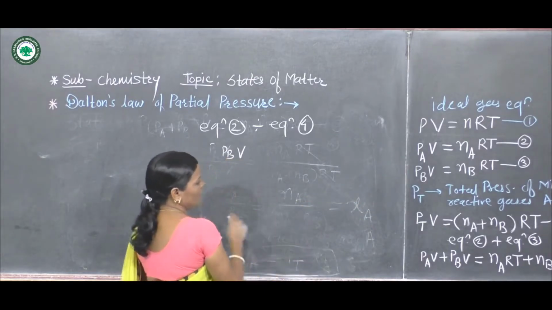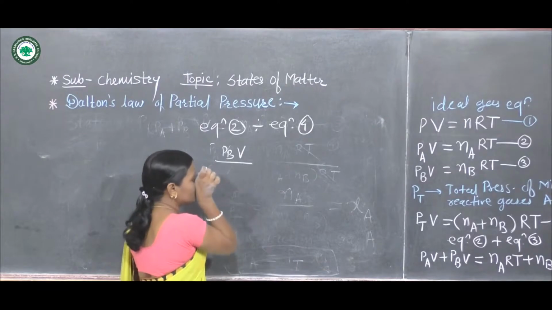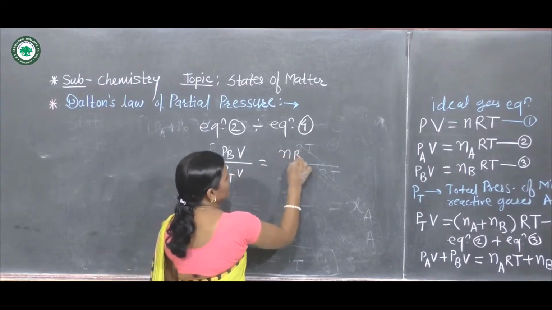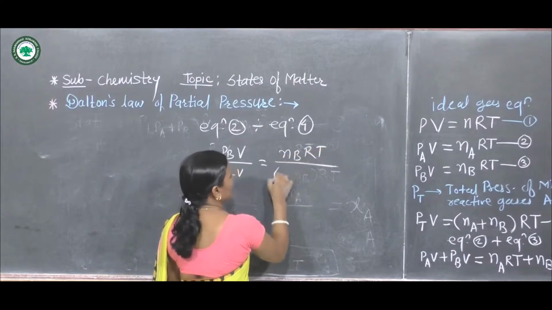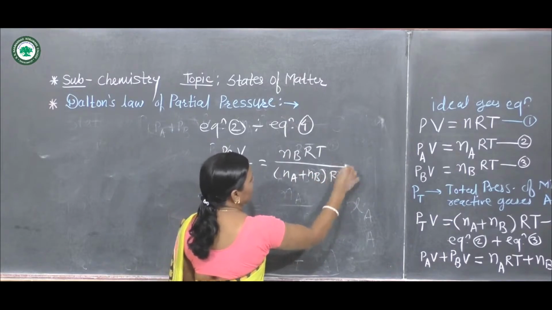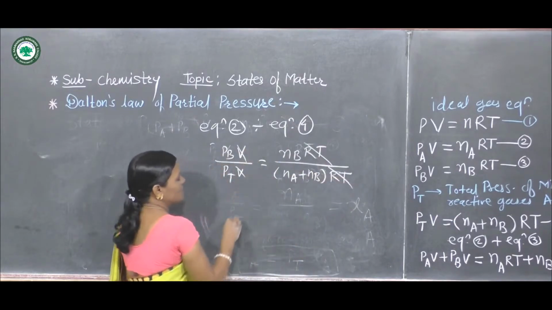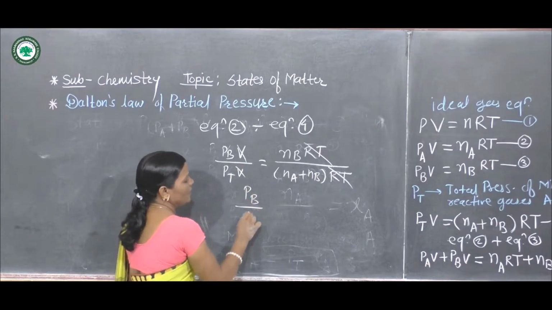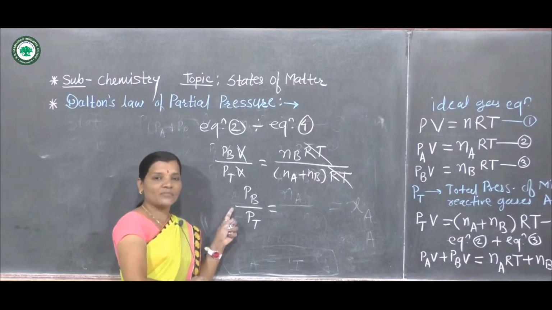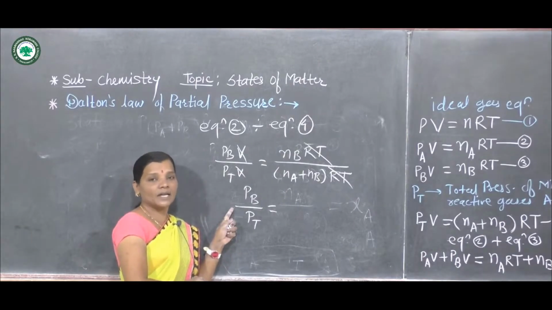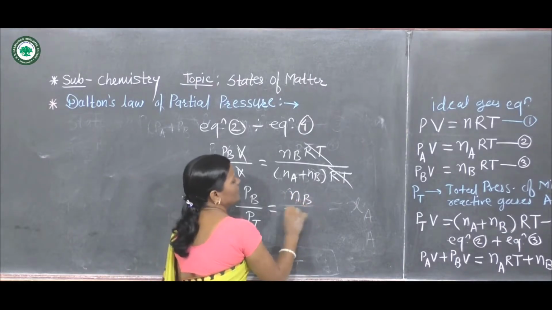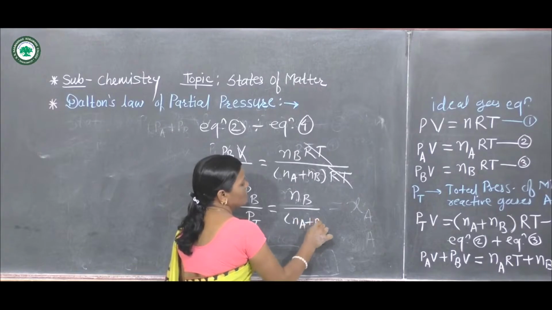That equation 3, if we divide this equation by the total pressure equation, PT into V is equal to, we'll get here NB RT divided by NA plus NB into RT. These similar terms will get cancelled out, and here PB upon PT, this ratio, is also the fraction of gas B present in a container that is taken for study. Now it is equal to NB upon NA plus NB.